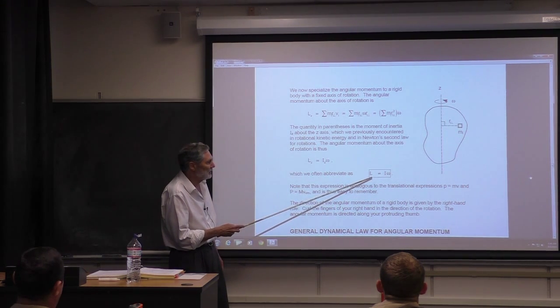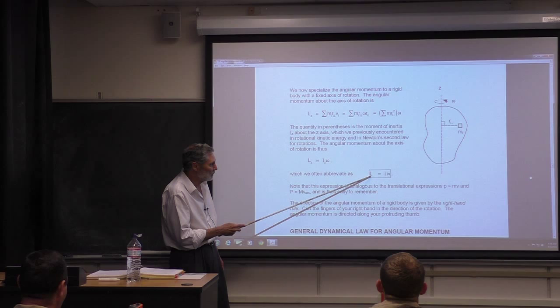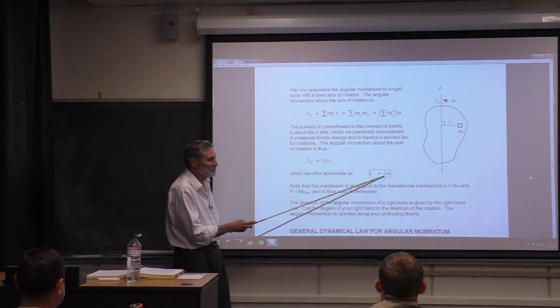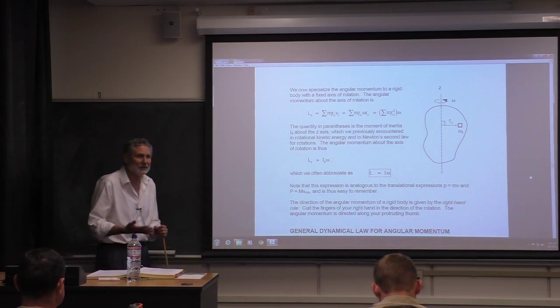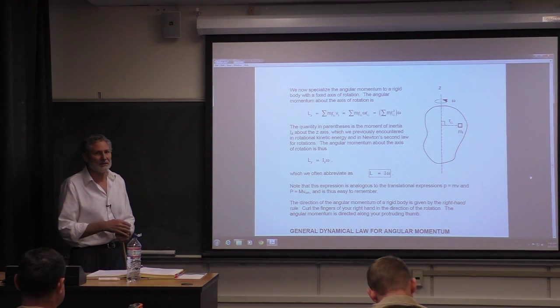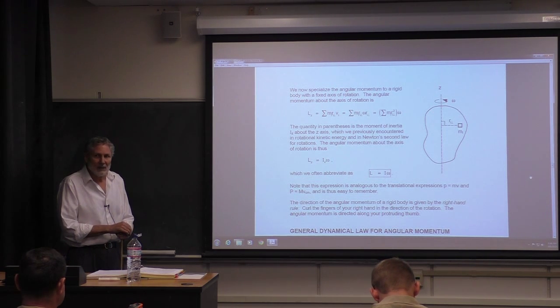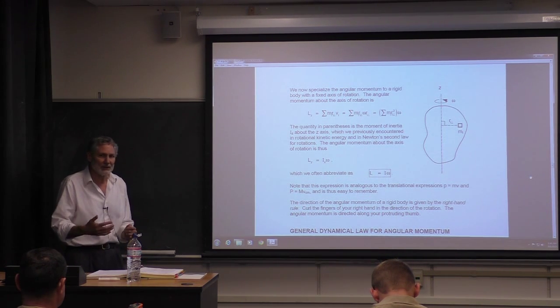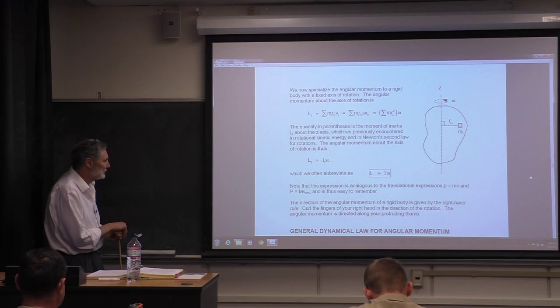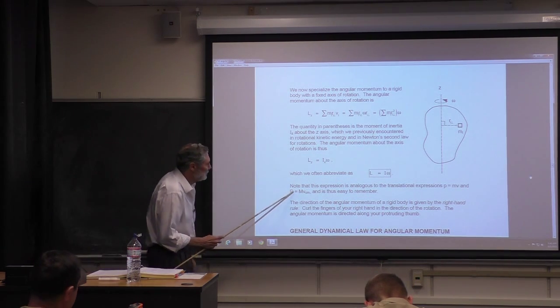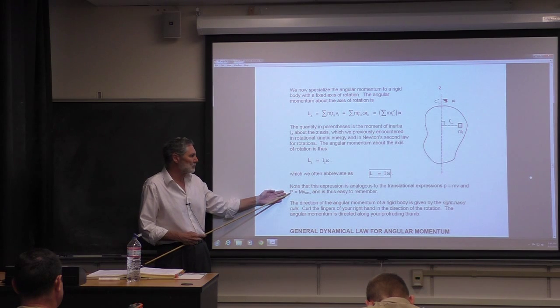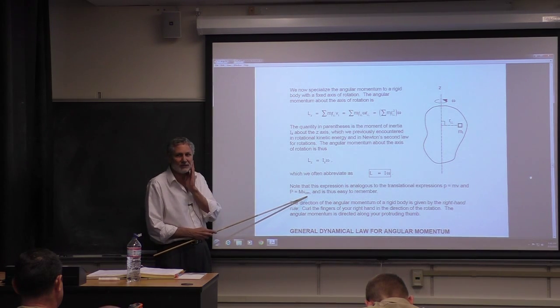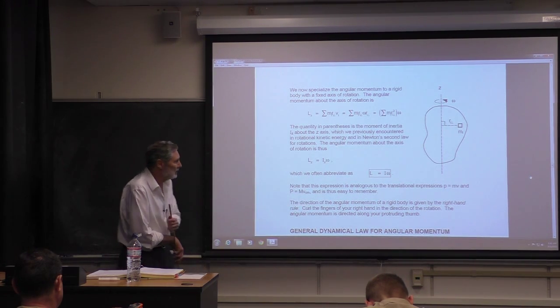Instead of the linear momentum, it's the angular momentum, instead of the mass, we use the moment of inertia about the axis, and instead of the velocity, we use the angular velocity. So add this to the long list of correspondence between translational motion and rotational motion. It's also analogous for treating a system: the total momentum is the total mass times the velocity of the center of mass. This is one of the things we established previously.